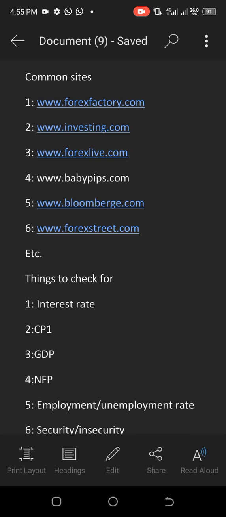Now note this: the impact of fundamentals or the impact of news in the market can never be overemphasized. They are so important that you can see visibly on your chart that this is as a result of news. If you've been trading, sometimes you see mighty long powerful candlesticks.